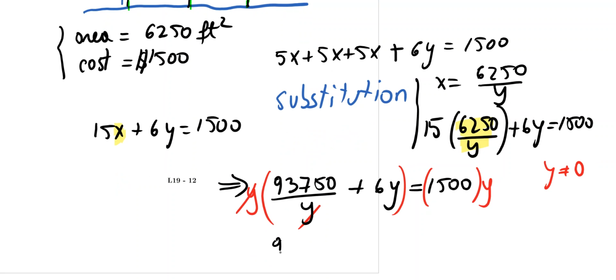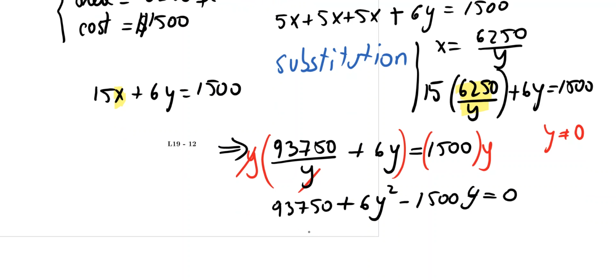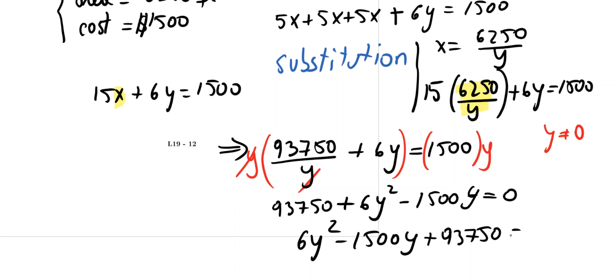And we will have 93750 plus 6y squared equals 1500y. So I can say minus 1500y equals 0. And then I just got to solve this quadratic. 6y squared minus 1500y plus 93750 equals 0.